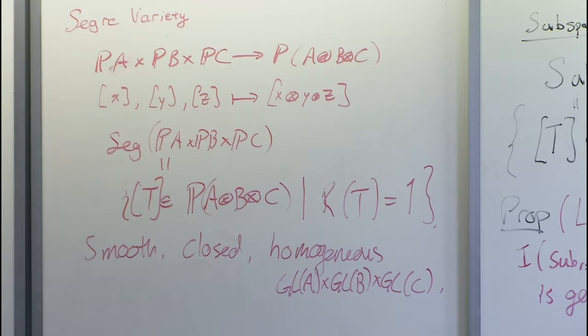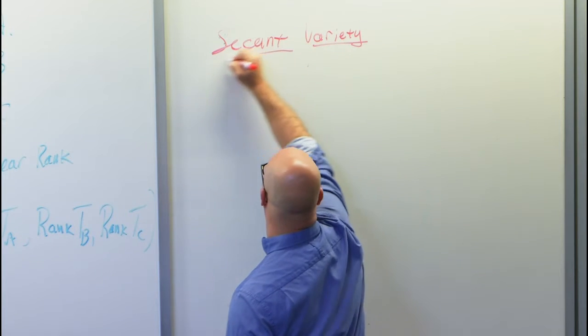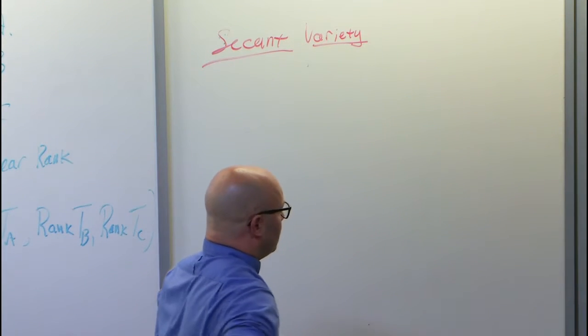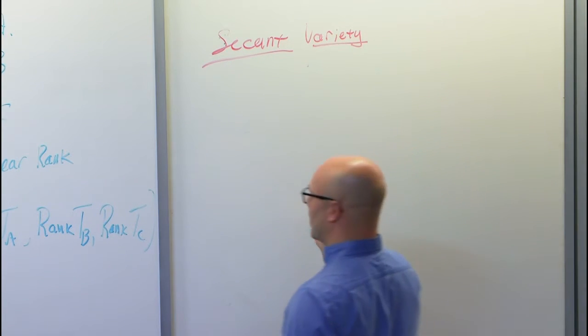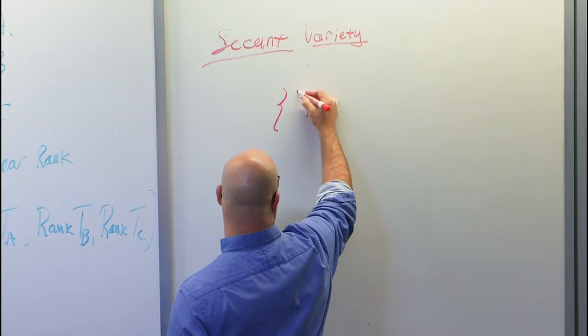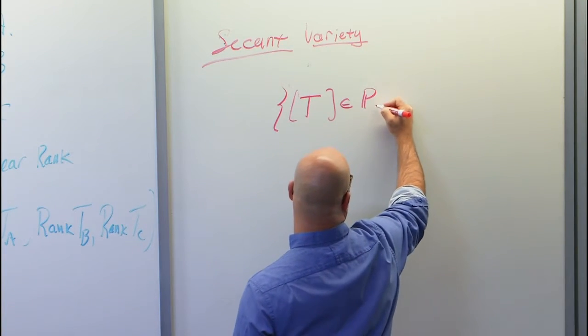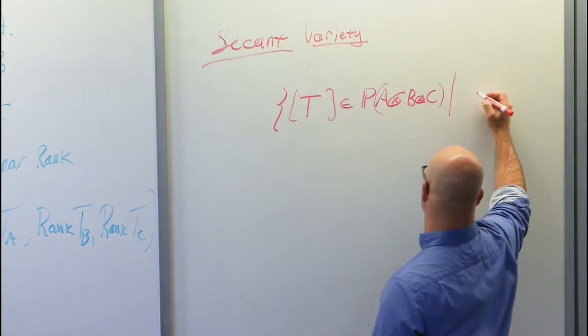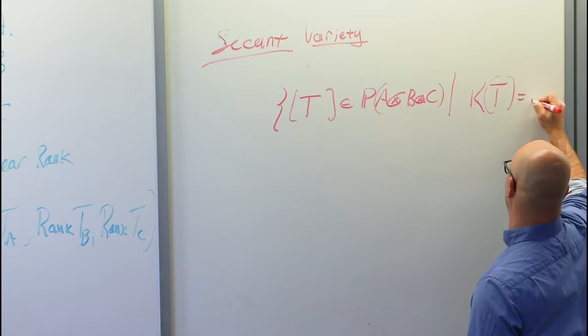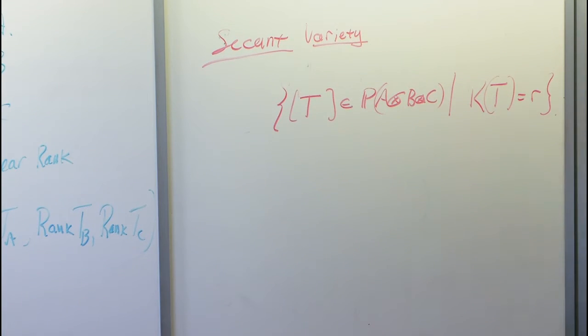The next variety we need is called the secant variety. Okay, so remember a tensor has rank r if it's the sum of r rank 1 tensors. So we might think about the algebraic variety of classes of tensors of rank r. So first of all, is this an algebraic variety? It's not actually an algebraic variety unless we take the Zariski closure.